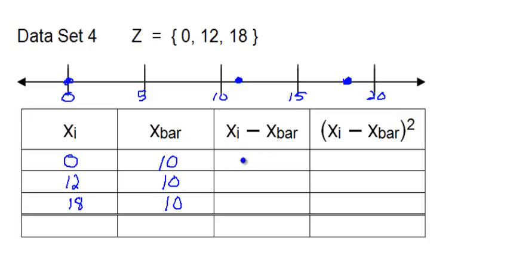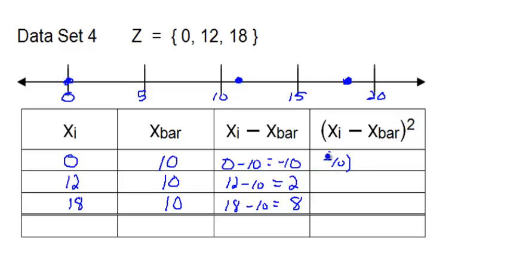So each deviation would be 0 minus 10, which is negative 10. 12 minus 10, which is 2. 18 minus 10, which is 8. Again, this adds to 0, so we have to square each deviation.